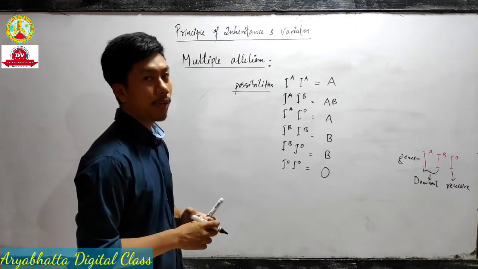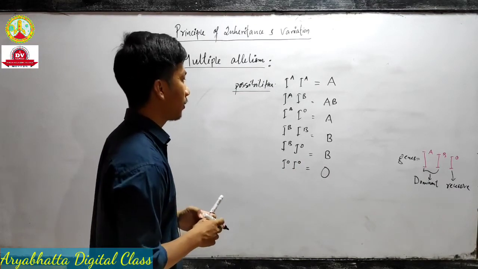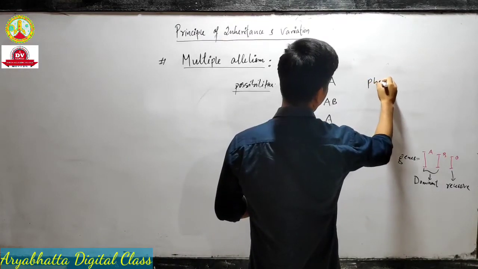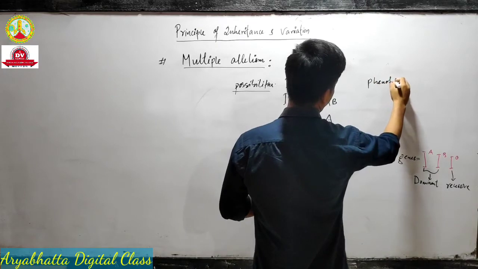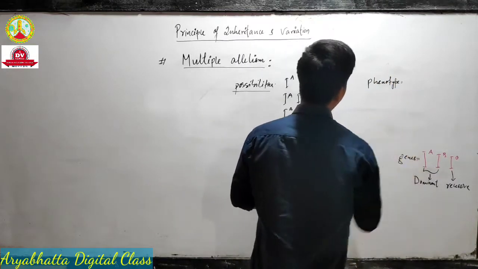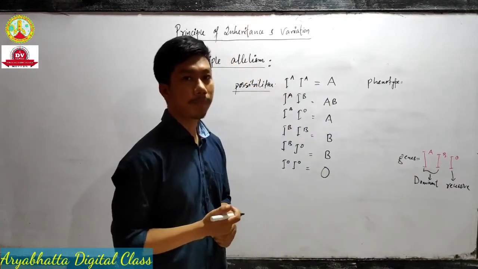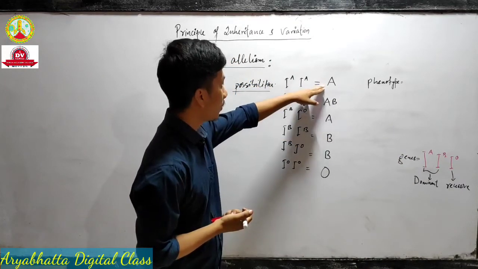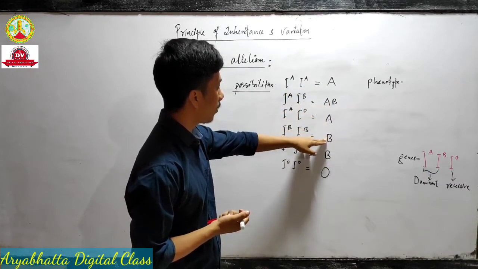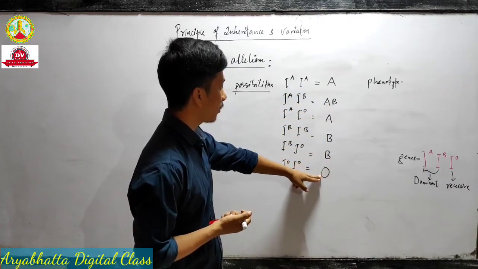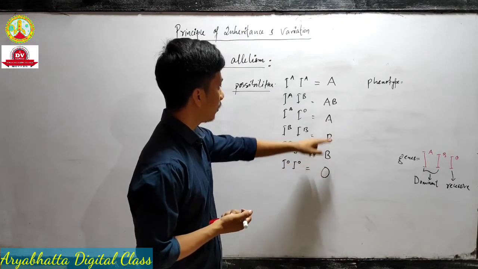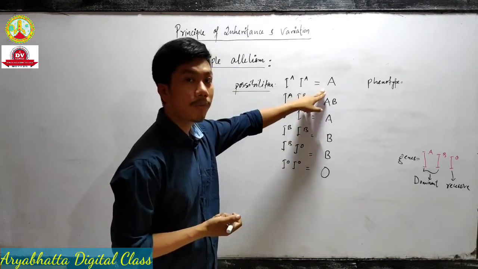Now we need to find out the phenotype and genotype ratio. For phenotype, there are 4 phenotypes we find.